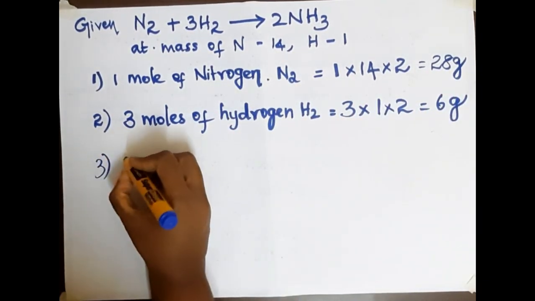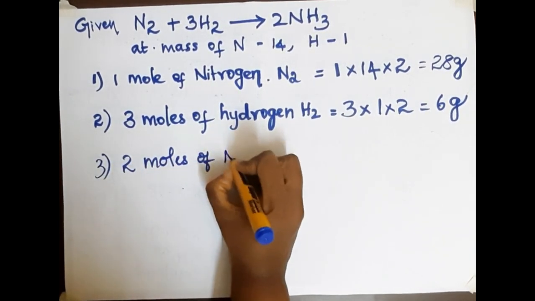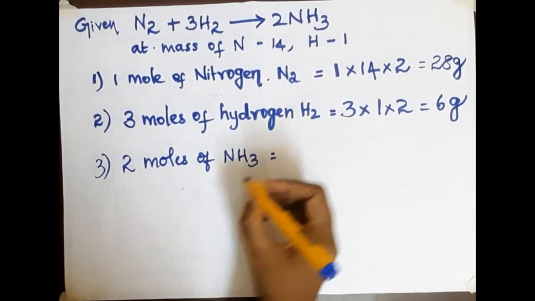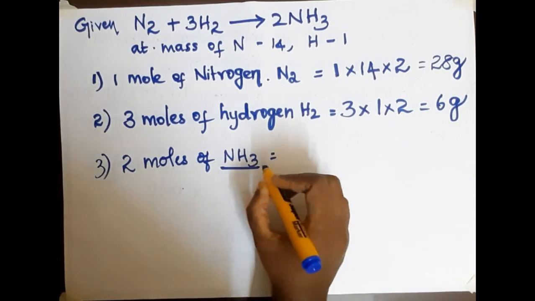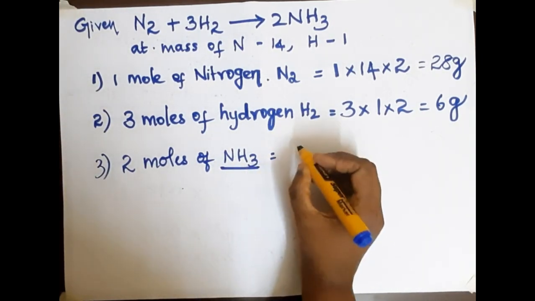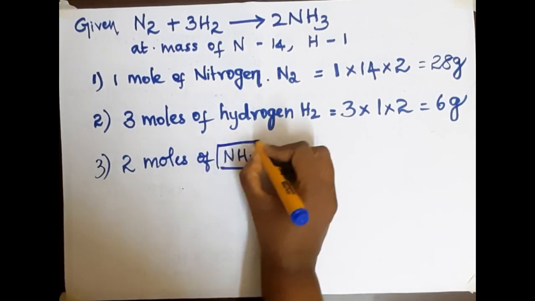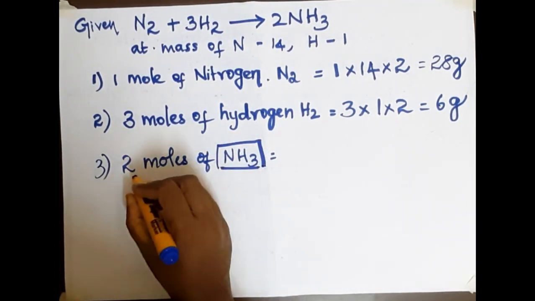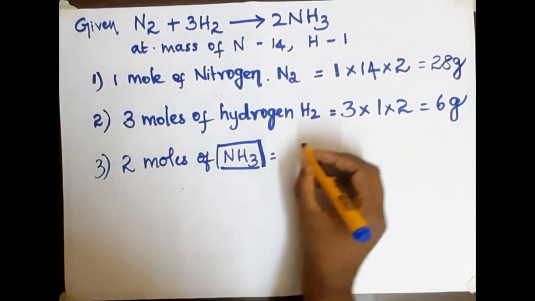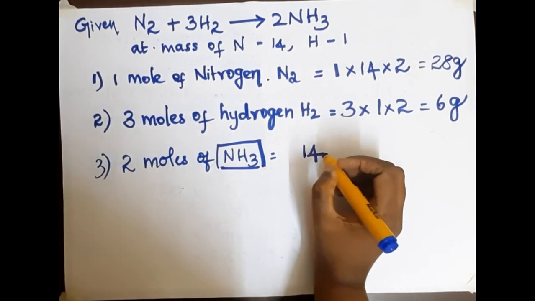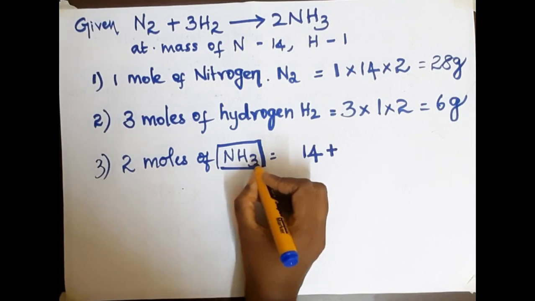Now, the last, 2 moles of ammonia. Okay. First, we are going to calculate the molecular mass of ammonia. How to calculate the molecular mass of ammonia? See here, children, first we will calculate for one ammonia. Then we will multiply by 2. So first, what is the atomic mass of nitrogen? It is 14. Okay children, N. Next, what is the atomic mass of hydrogen?